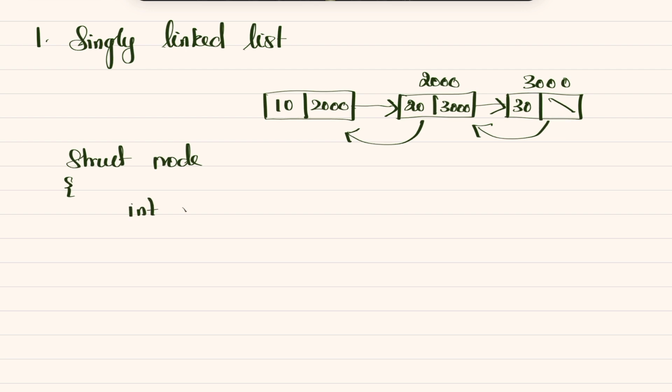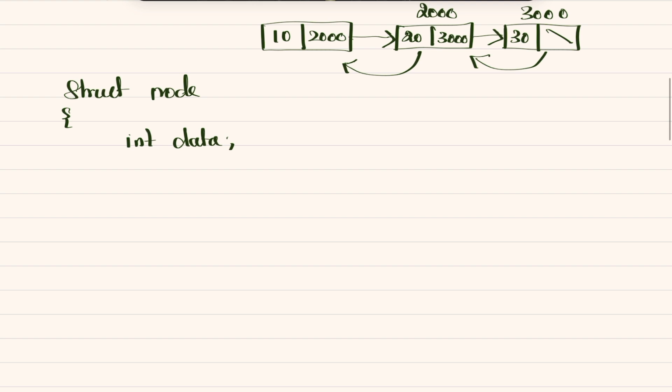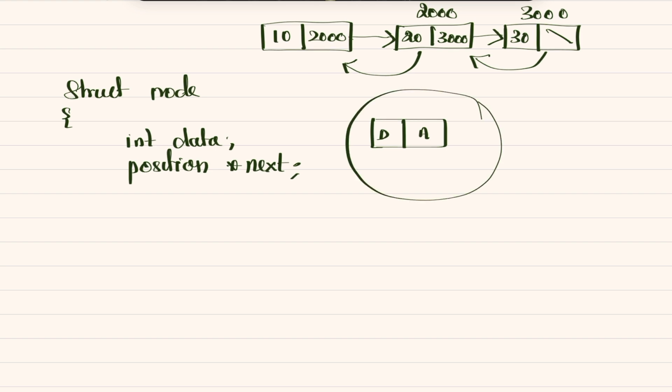One is int data, and the next one is the pointer, star next, that means the next field. Every node has the data field and the address field. This is the data field and this is the address field. Likewise the node is framed while defining this structure. You have to close the structure here with a semicolon.